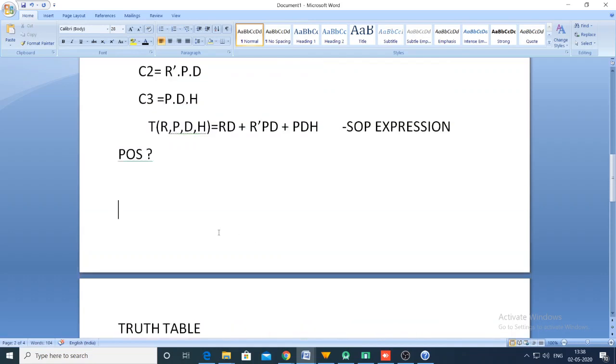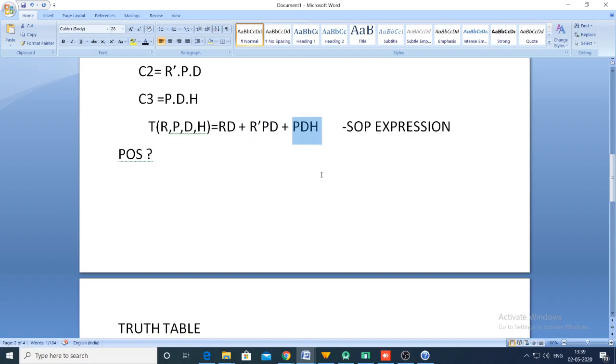with the sum of product expression, because we know that in a sum of product expression, each and every term is a min term. RD is one min term, R bar PD is another min term, PDH is another min term.